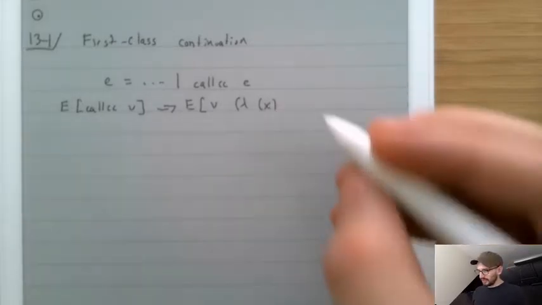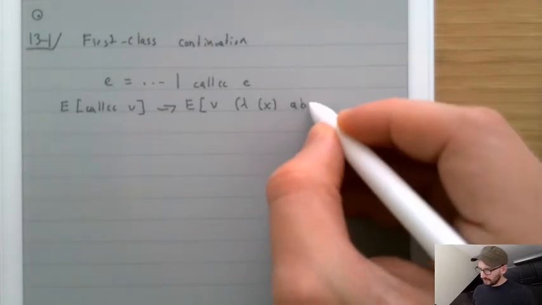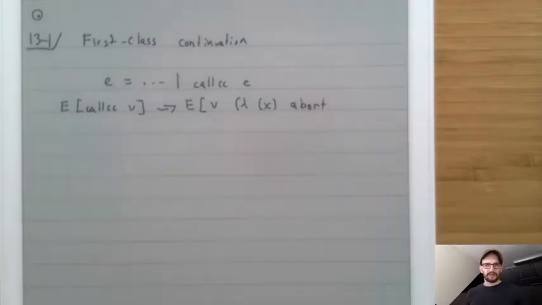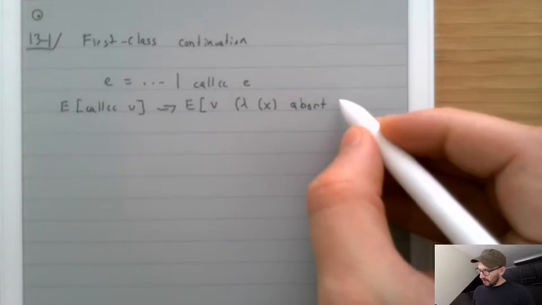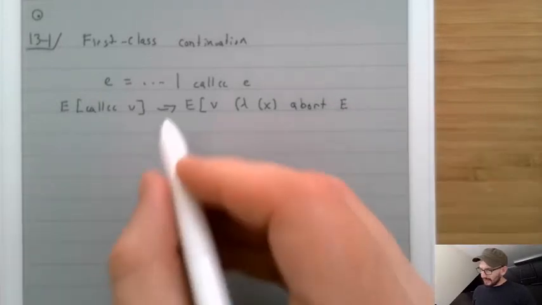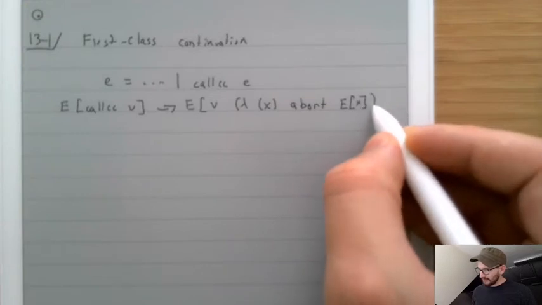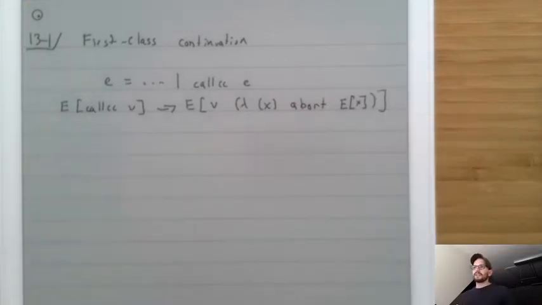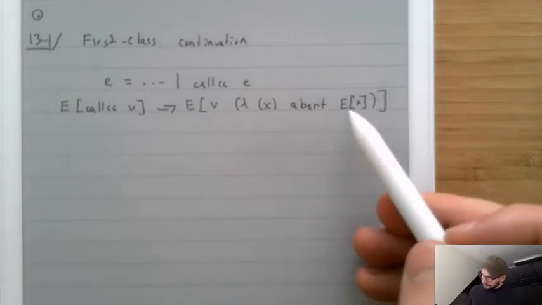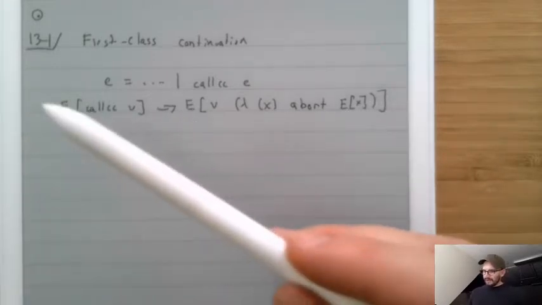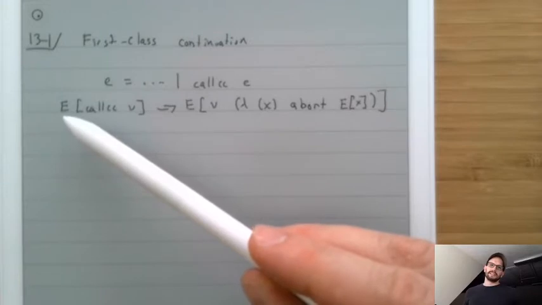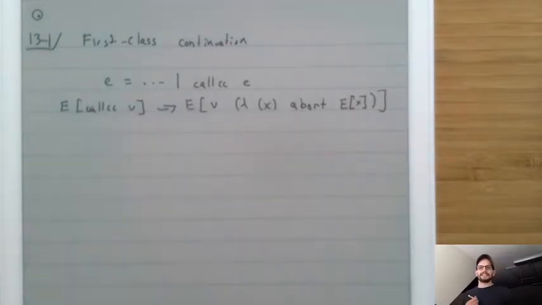And what it's going to do is call abort on taking the context E and filling it with x. Now this is really strange because what it means is that whatever was going on outside of the call CC gets copied a second time.